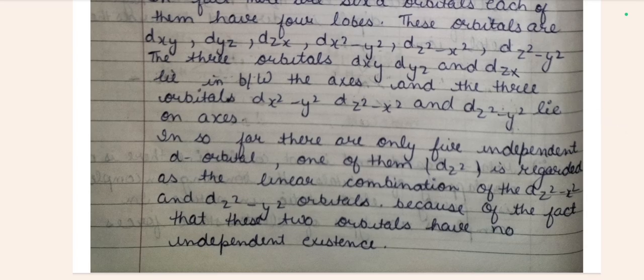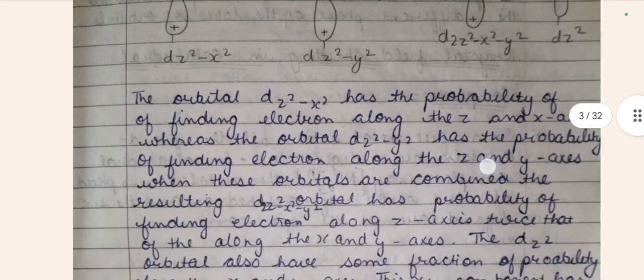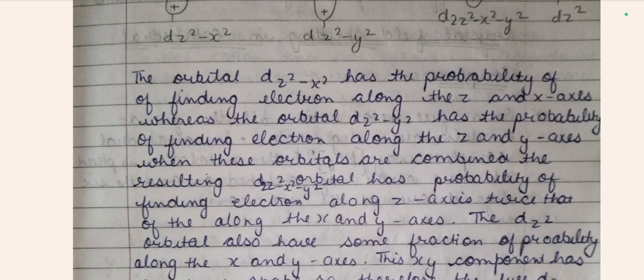One of them is regarded as the linear combination of the dz²-x² and dz²-y² orbitals, because these two orbitals have no independent existence. The orbital dz²-x² has the probability of finding the electron along the z and the x axis, whereas the orbital dz²-y² has the probability of finding the electron along the z and the y axis.